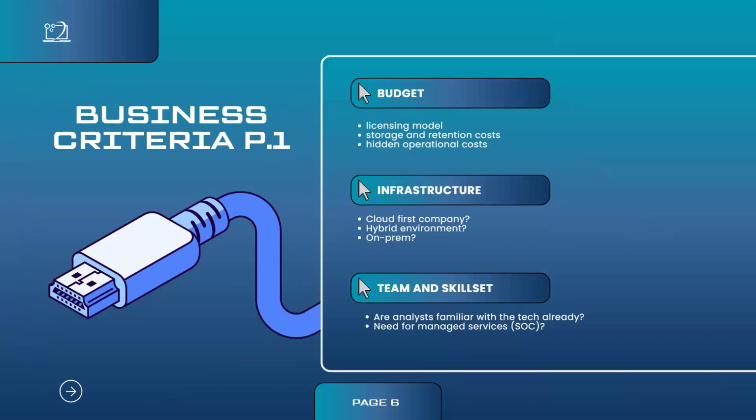So we're going to go into some terms or ideas related to business criteria that you would want to define when selecting a SIM. One of the things is budget. Obviously, the budget is the most important. And you guys as professionals, unless you're the CEO, are not going to be the person setting the budget. But you might get told this information and you will be in the evaluation phase of choosing a SIM with a budget in mind. That includes things like the licensing model.